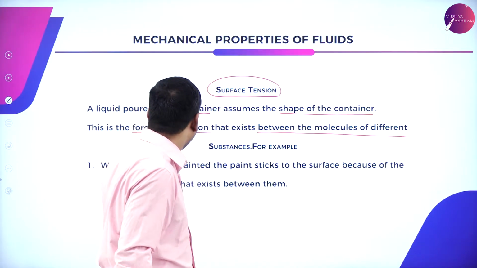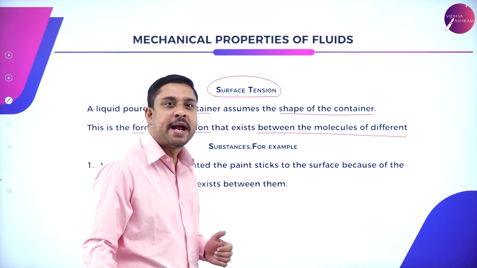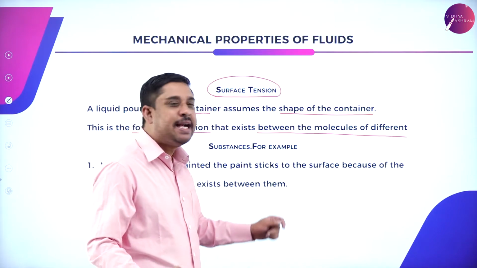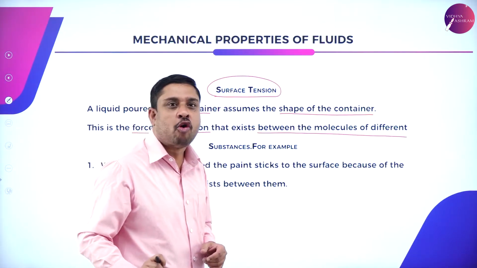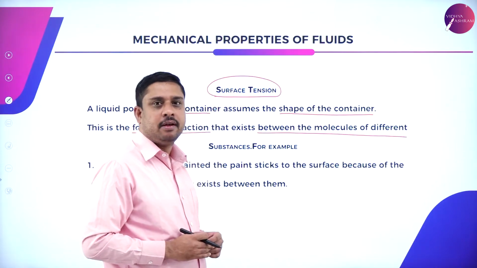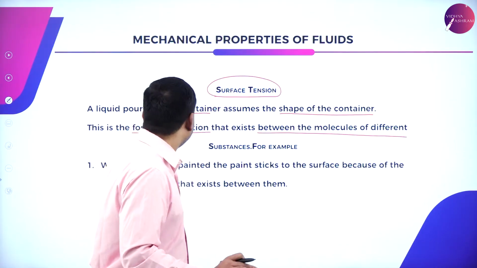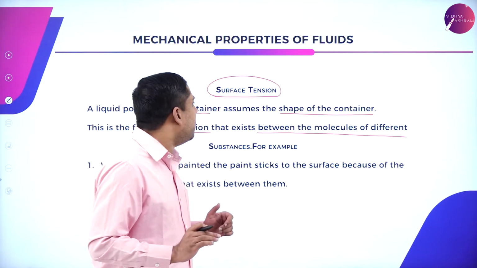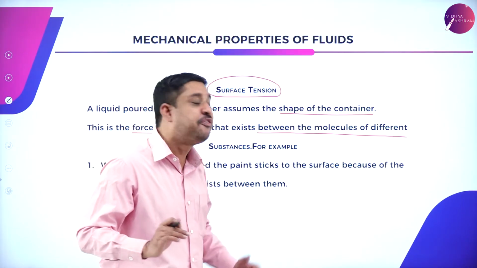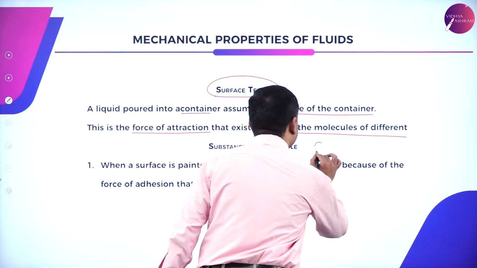See, for example, when a surface is painted, the paint sticks to the surface because of the force of adhesion. So we say the force of attraction that exists between the molecules of different substances.